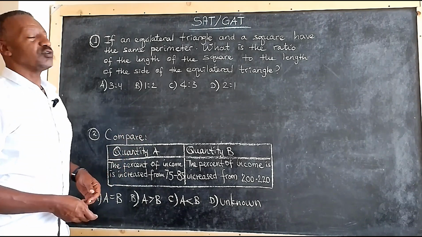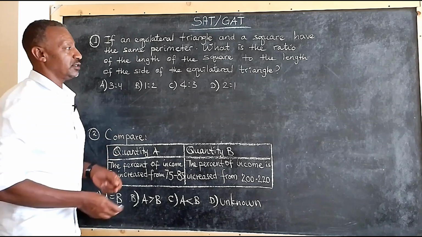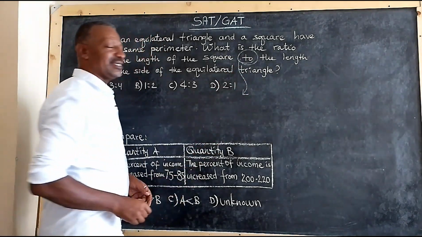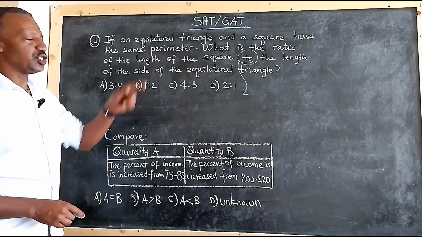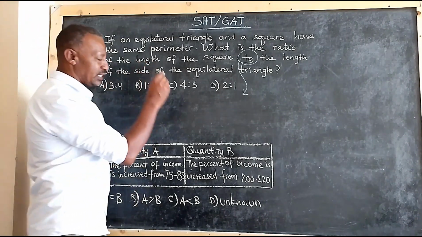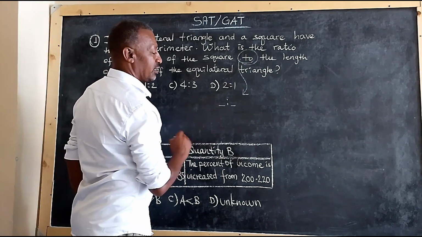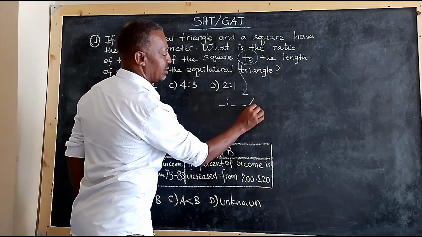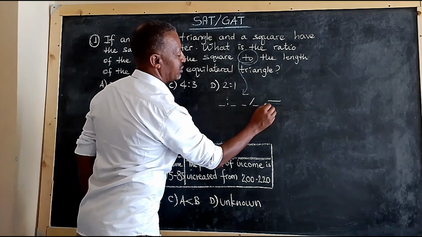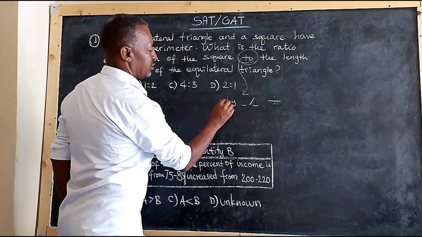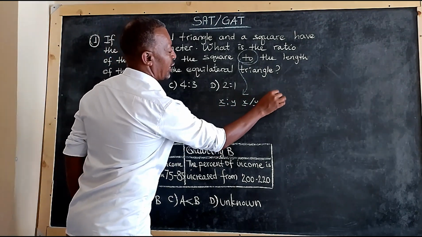The point is, you have to understand one preposition here, "to," before we go to analyzing anything. What is the meaning of this "to"? It means the ratio can be represented by x over y, x to y, or x:y.